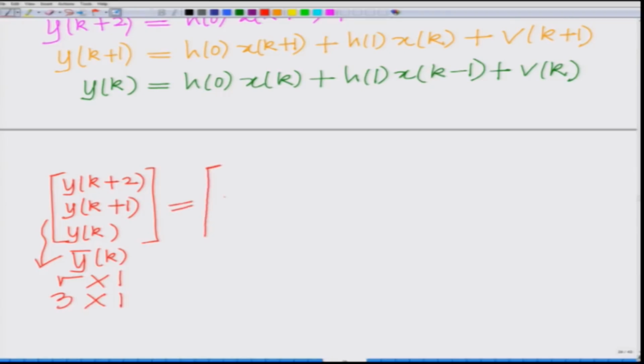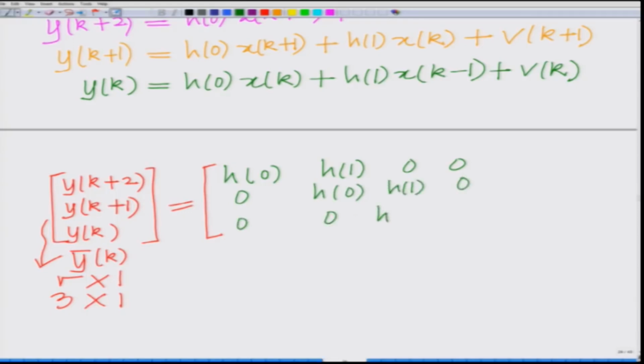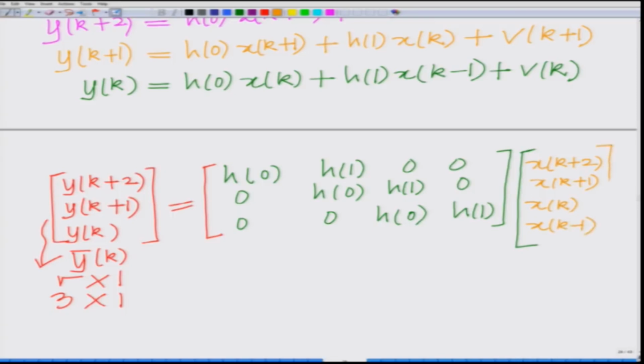This is equal to the following matrix: h0, h1, 0, 0; 0, h0, h1, 0; 0, 0, h0, h1, times my symbols xk plus 2, xk plus 1, xk and xk minus 1.